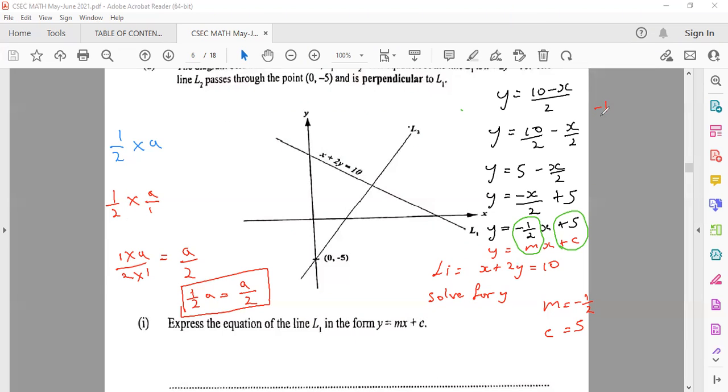So negative a half x is negative a half times x over 1. That's minus 1 times x over 2 times 1, which is negative x over 2. So m would equal negative x over 2, because those two things are equal.